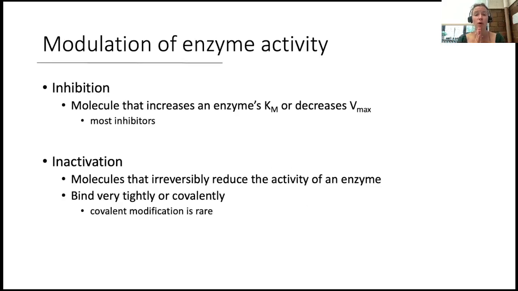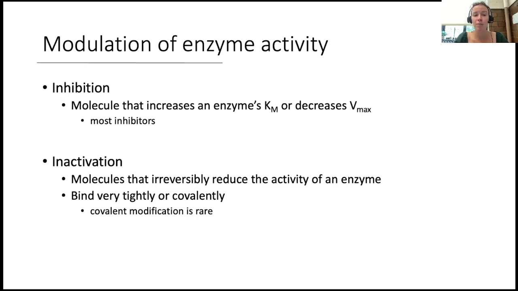Let's jump into why we're here today, folks. Let's talk about inhibition. Let's talk about how we change or impact or modulate an enzyme's kinetic activity. Inhibition is one primary way to do that.